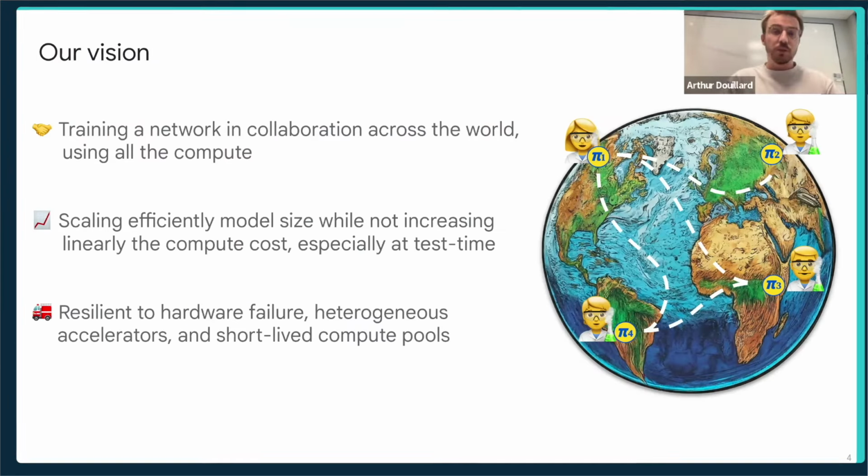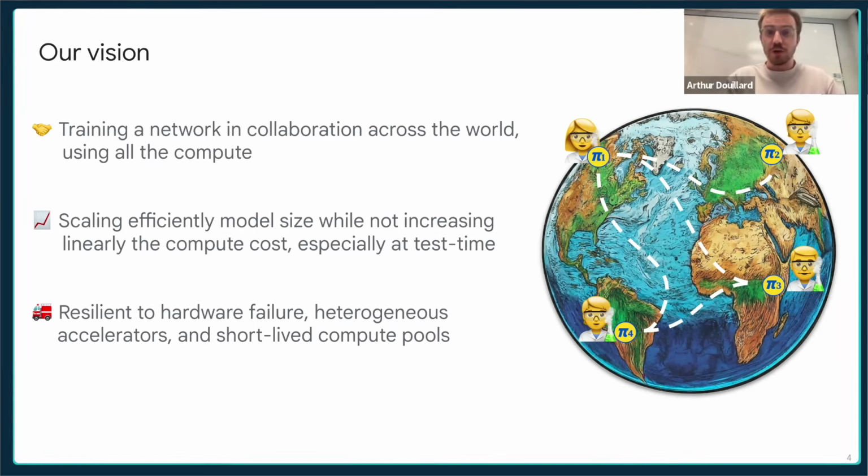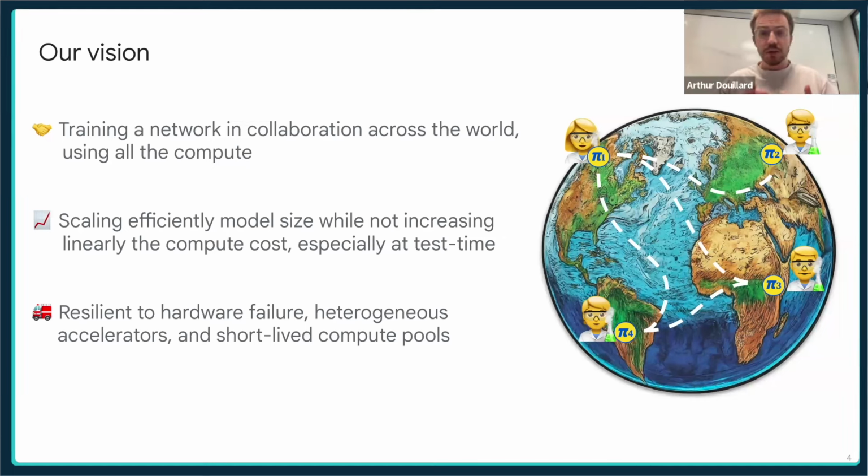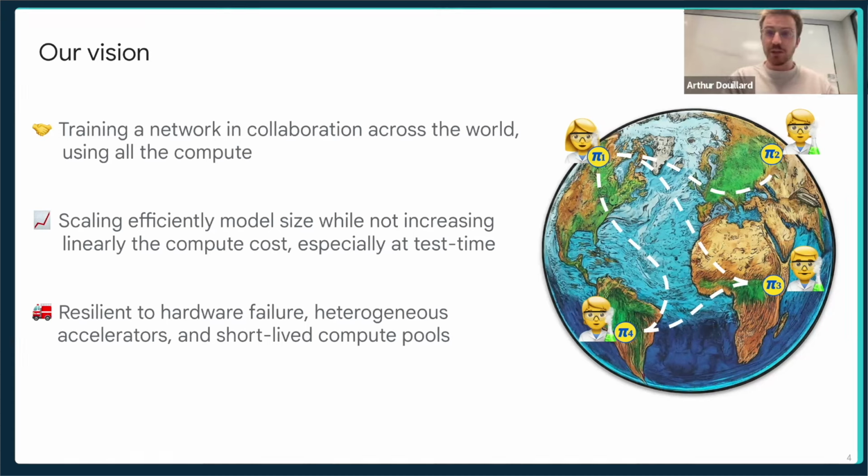Our goal is to train a network in collaboration across the whole world. Similar, I think, to what Yosh said, we would like to be able to make AI more collaborative. Right now it's a few labs, Anthropic, Cohere, DeepMind, OpenAI, who train in a data center, usually a single data center in a single location, and you train a big network and that's it. But what if you want to train in collaboration?